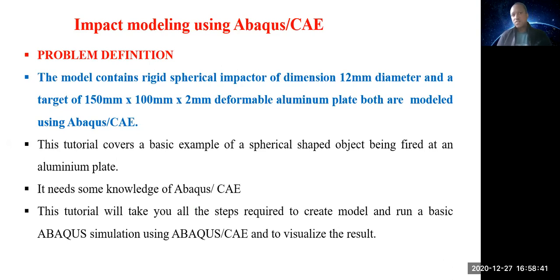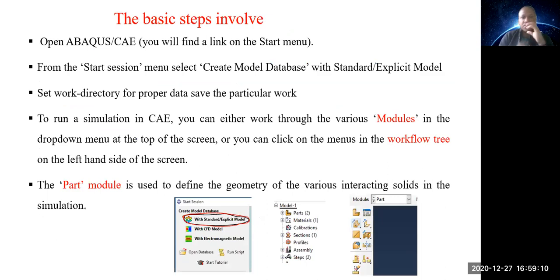For the system which needs a user material subroutine, the Intel Fortran compiler is also required, so that this tutorial will take you through all the steps required to create the model and run the basic Abaqus simulation using Abaqus CAE, and finally to visualize the result. That is the intention of this model.